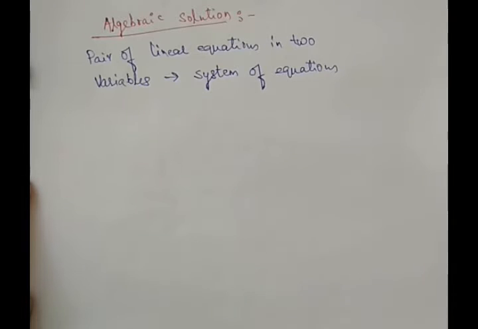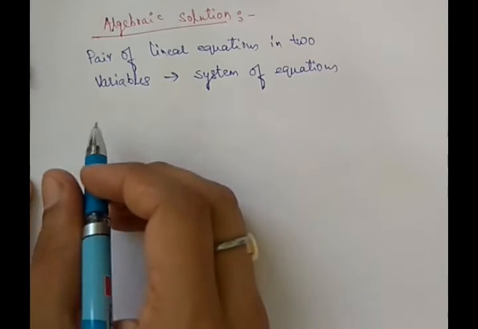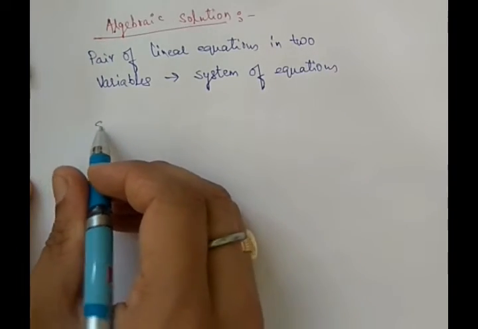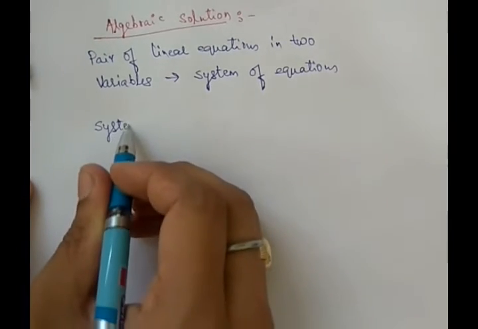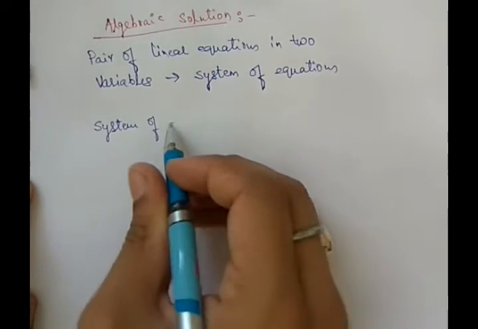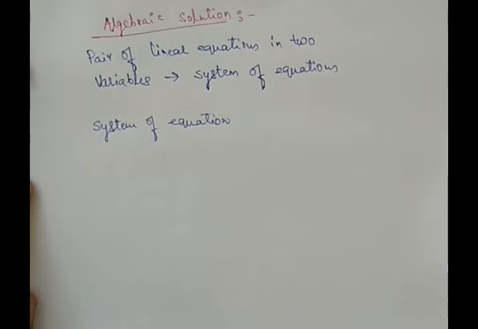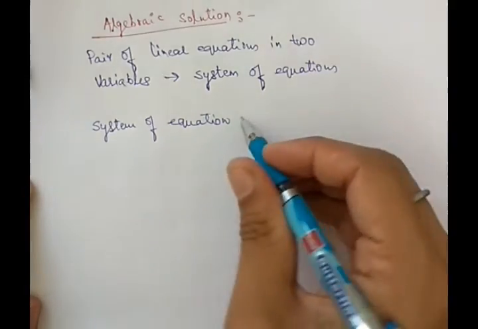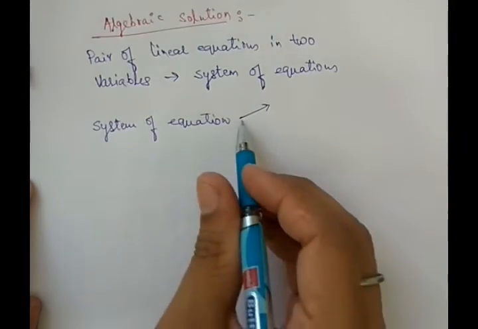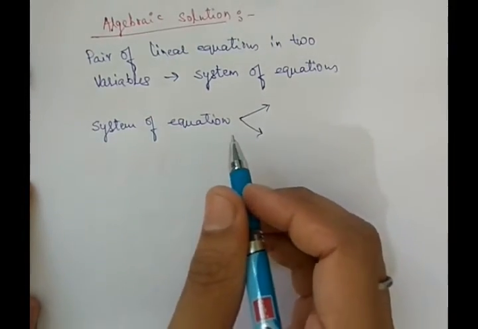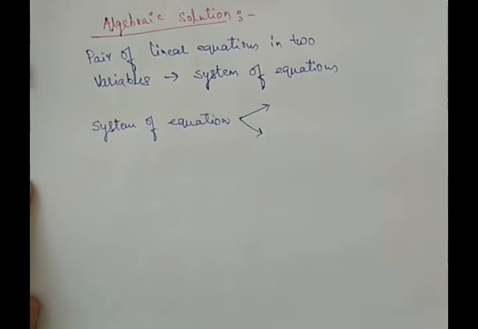Before we discuss that, there are two terms. If a system of equations has any solution, then it will be consistent, and otherwise it will be inconsistent.